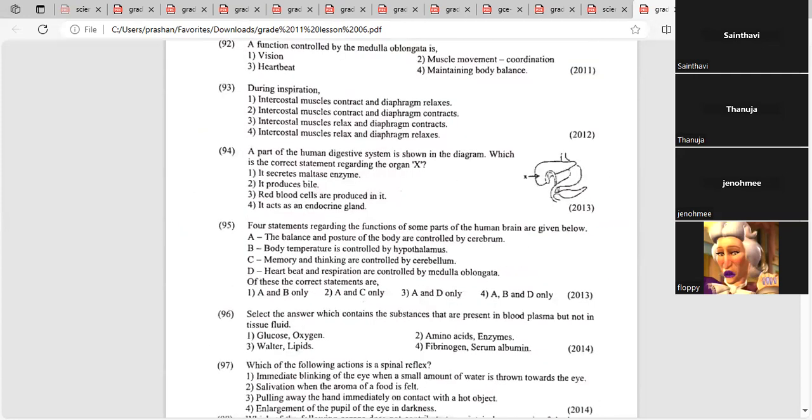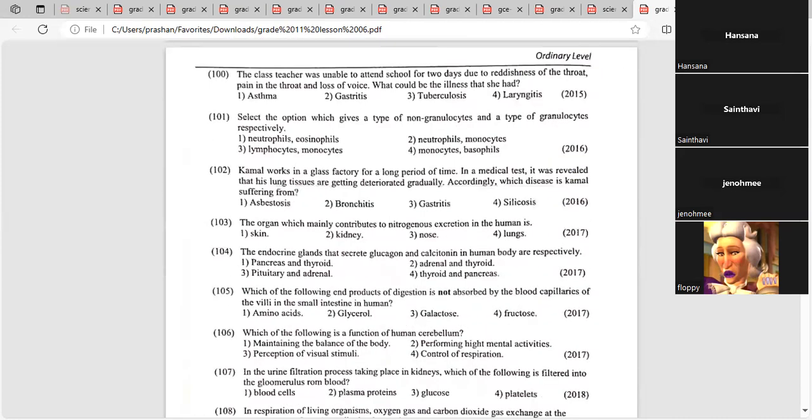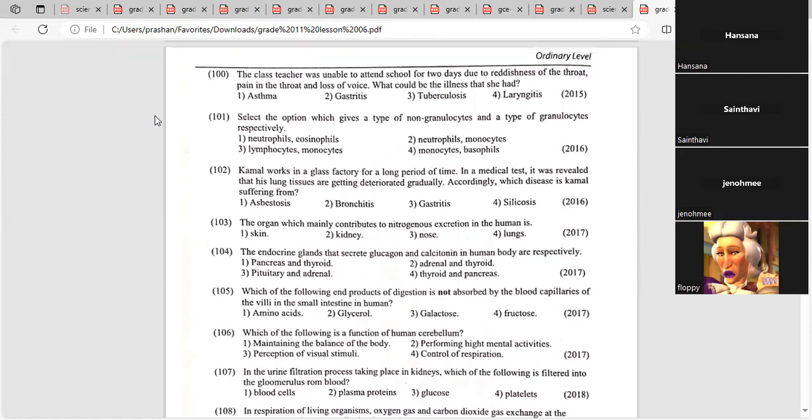First, the MCQ part. From 1982 to 2015, there were 100 MCQ questions coming from this one lesson. After that, 101 is 2016.